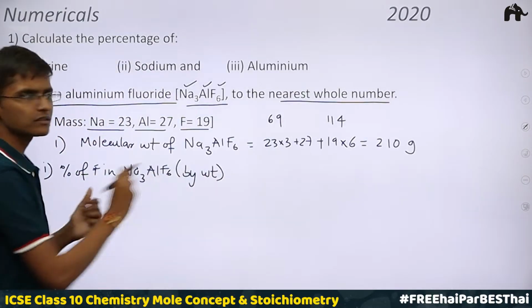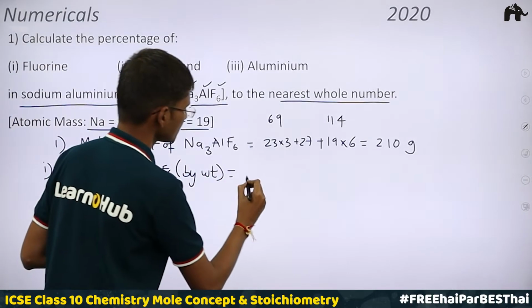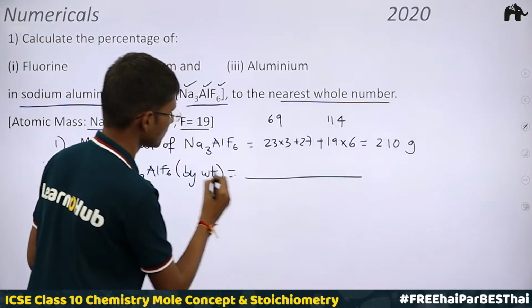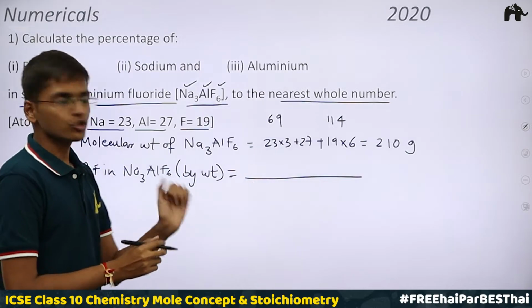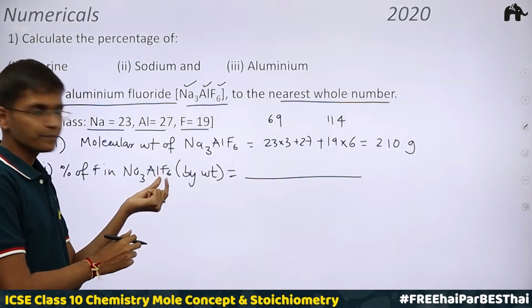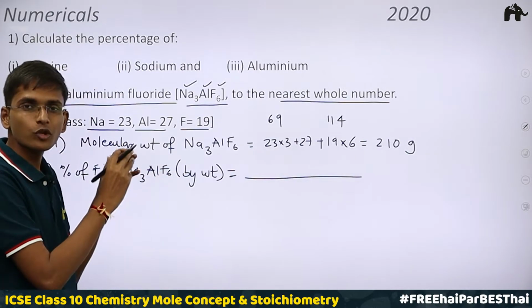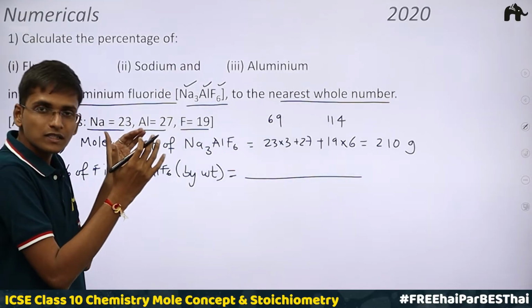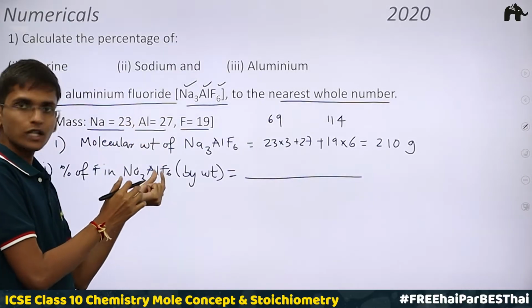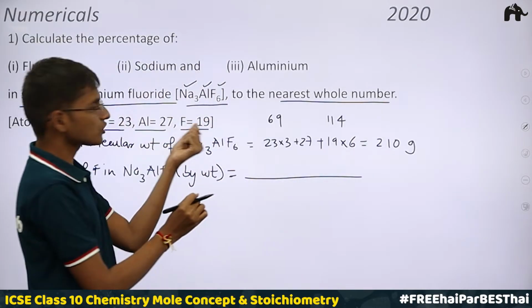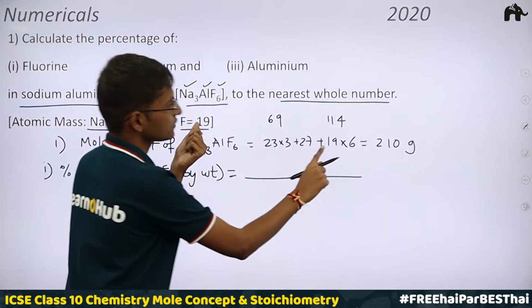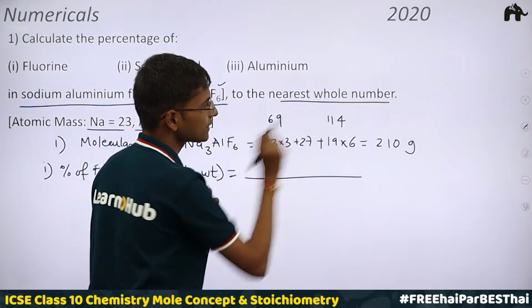You write it entirely, equals to, now I'm not going to write the formula. The total atomic weight of fluorine in one molecule of that compound. So what is the total atomic weight of fluorine? There are 6 fluorine atoms, so I have to add the atomic weights of those 6 fluorine atoms, and then I would get the total atomic weight. One atom's weight is 19, I have multiplied it by 6, and I have got 114.